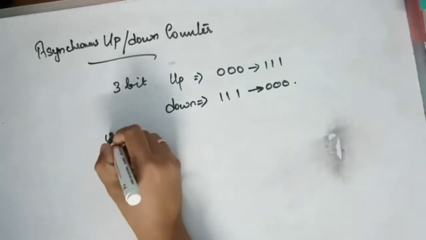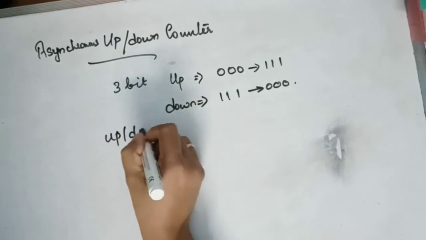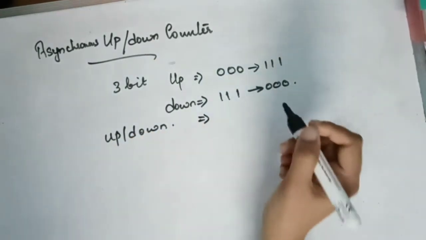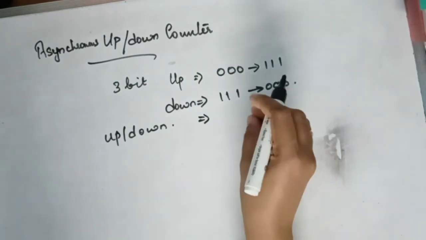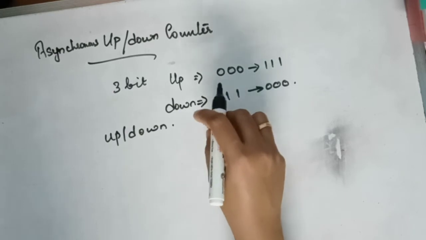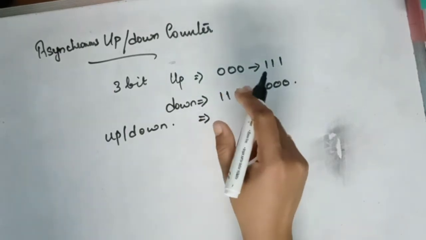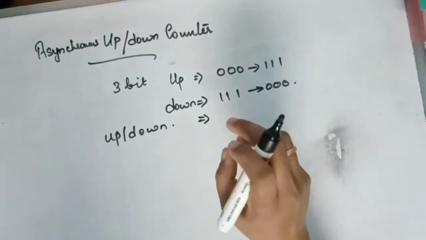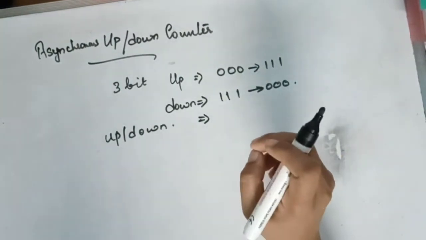So what is an up-down counter? 3-bit up-down counter, what will it do? In that circuit, we can decide as to whether it should count up or whether it should count down. So you have a circuit which can count up as well as down.